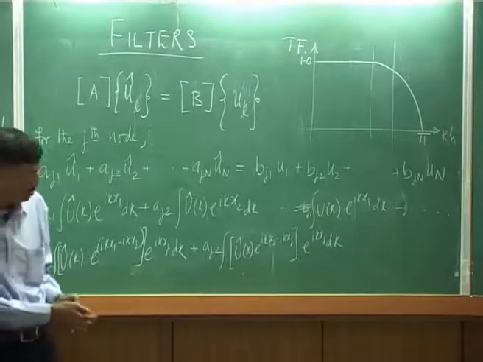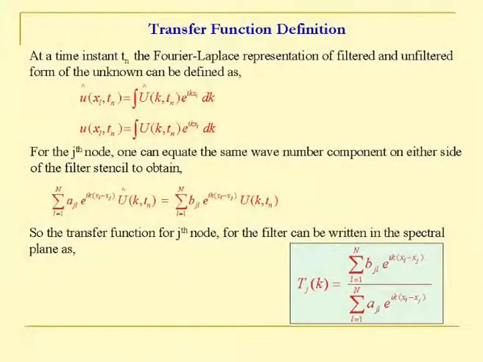And then of course, you notice this is what you are going to get, right. On the left hand side you will get A jl e to the power I k (xl minus xj), and then this is u hat, let us say evaluated at t n, summed over all possible l's. The same way you do it on the right hand side.